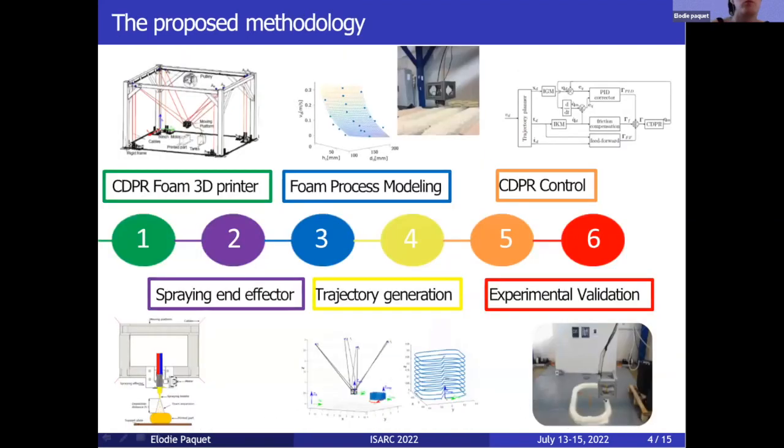For the proposed methodology, we made a model of a CDPR foam 3D printer. In parallel, we made an identification and a model of the foam process. We then created the trajectory, including the CDPR control, and made different experiments and validations to validate the solutions.